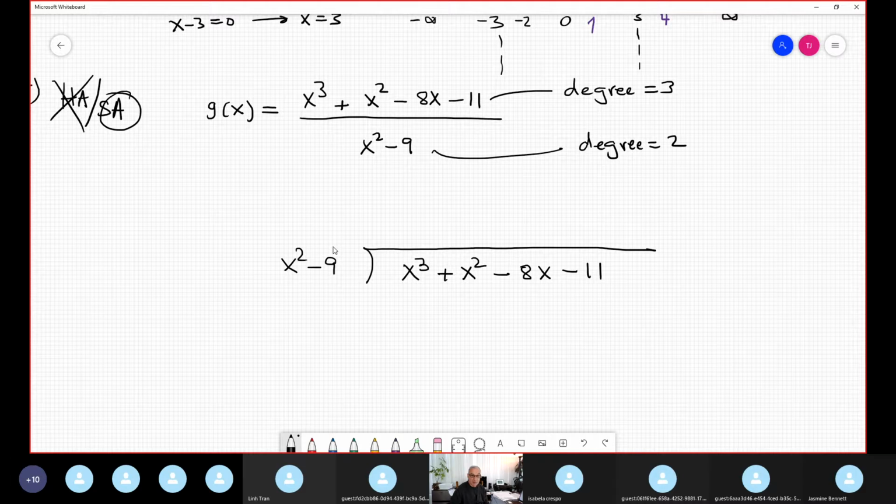Well, the first term is x because x times x squared is x cubed. And minus 9x. I copy in this order, 9x. And this is completely missing, it says 0 x squared.